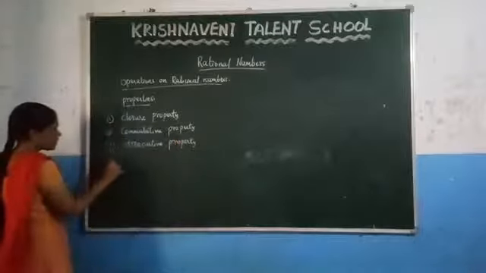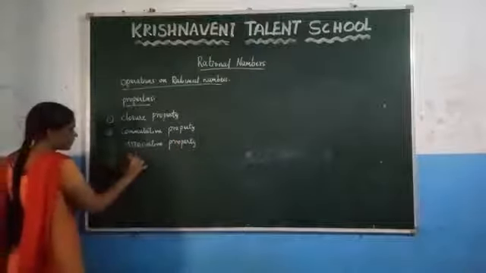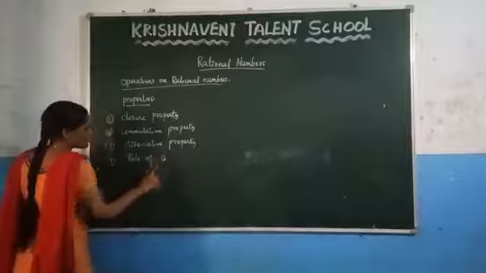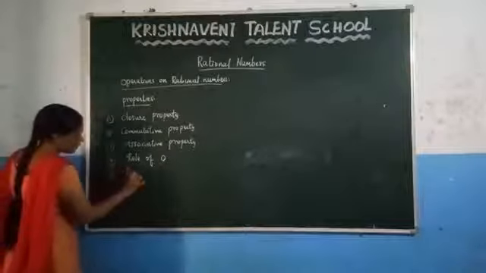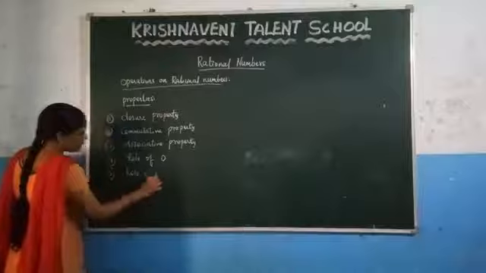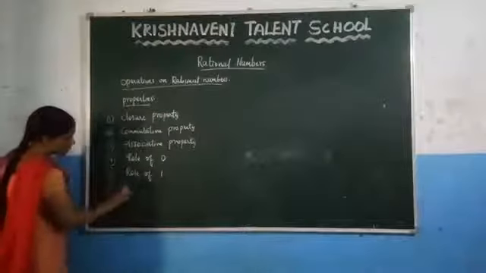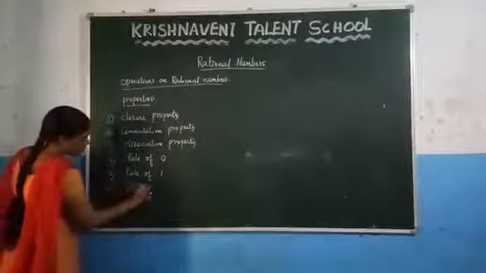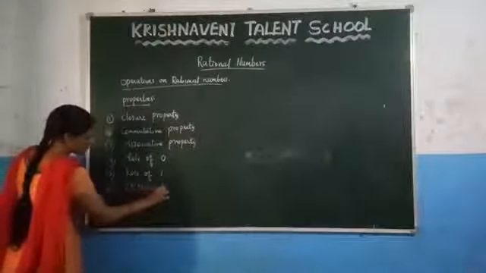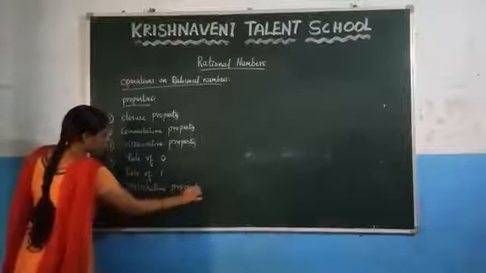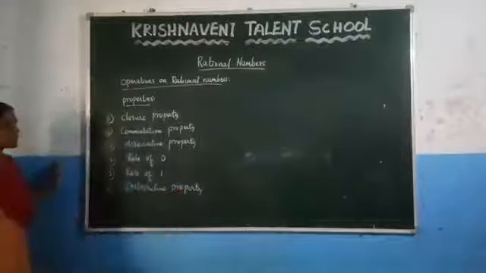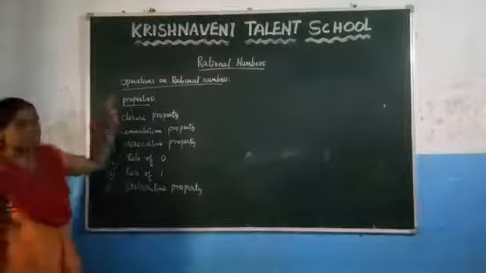The next one is the role of 0. The next property is the role of 1. And the next one is the distributive property. We are going to discuss all these properties under rational numbers.